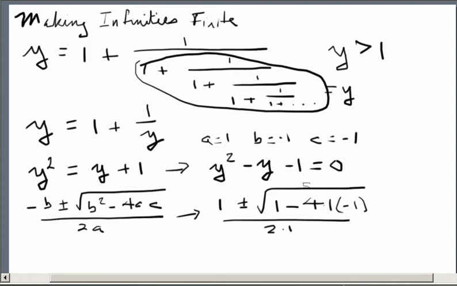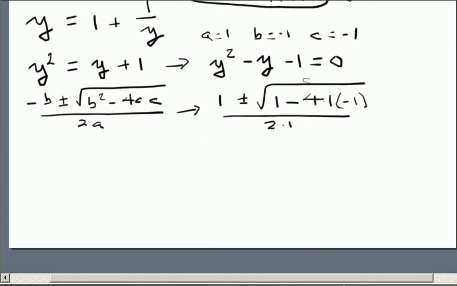So let me scroll the page here a little. So the two roots are, let's look at the first one. 1 minus the square root of 5 over 2, and 1 plus the square root of 5 over 2. Now we already said y is positive.